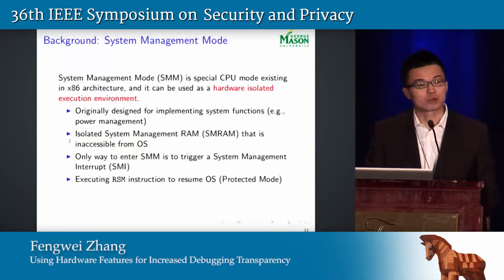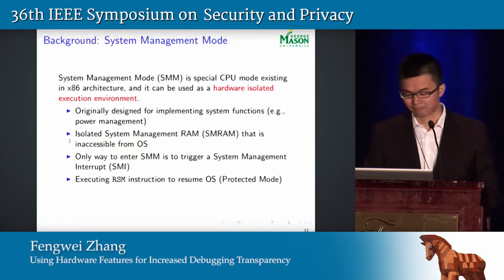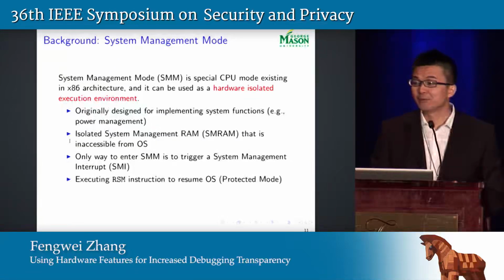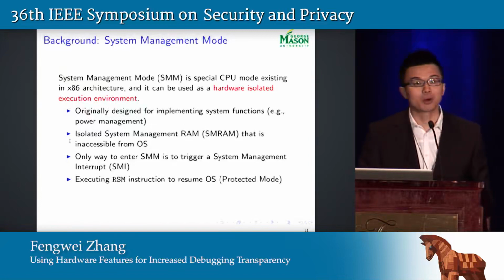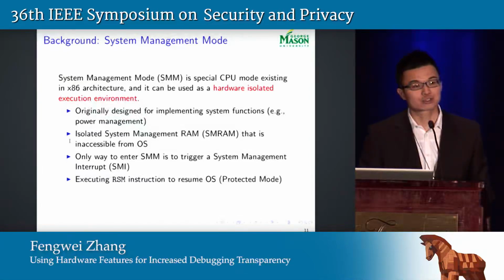In the next slides, I'm going to talk about how to trigger a system management interrupt. To exit SMM, we run a special instruction, RSM, to resume the normal operating system back to protected mode. Note that this RSM instruction can only be executed in system management mode.